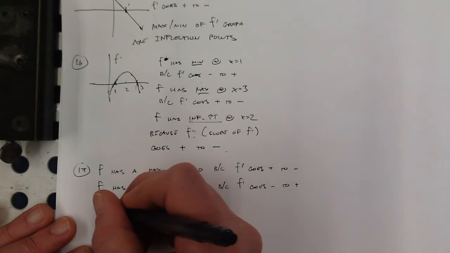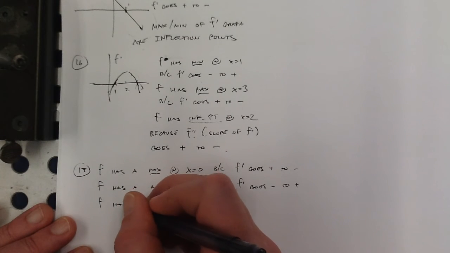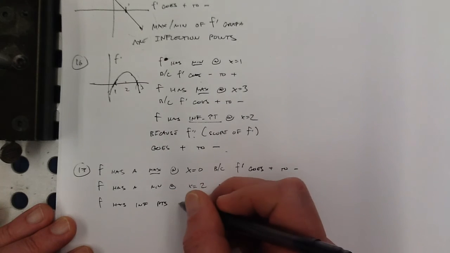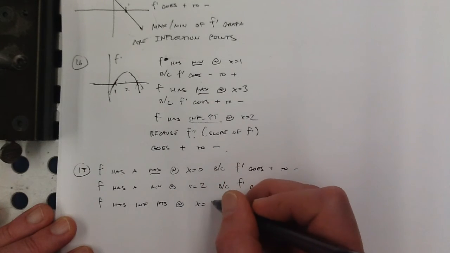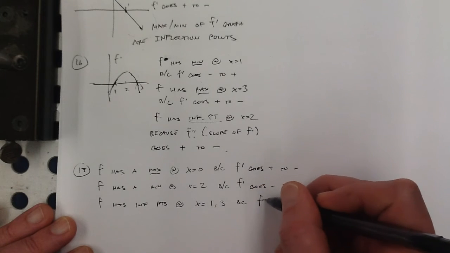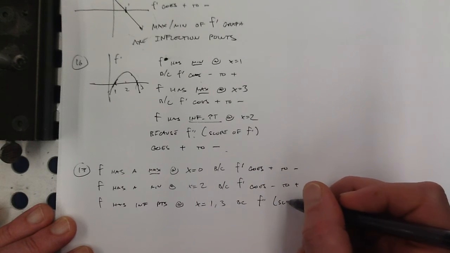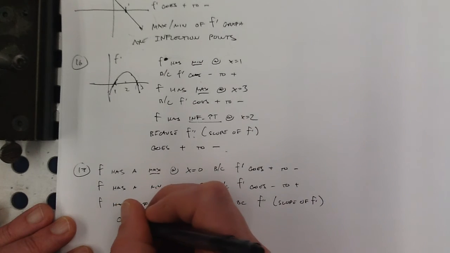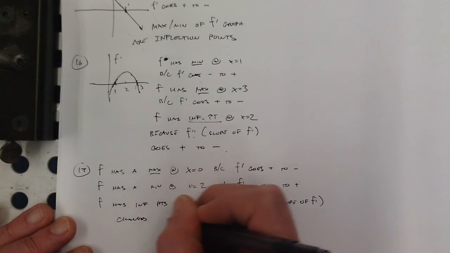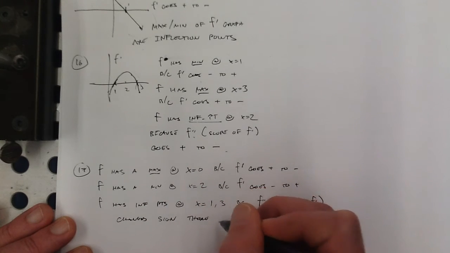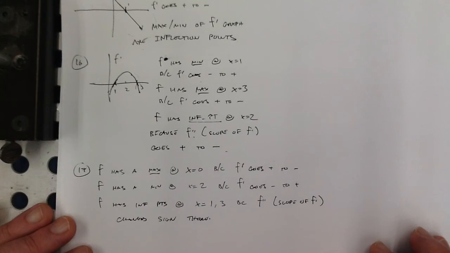And f has inflection points at x equals 1 and 3 because f double prime, which is the slope of f prime, changes sign there. All right.